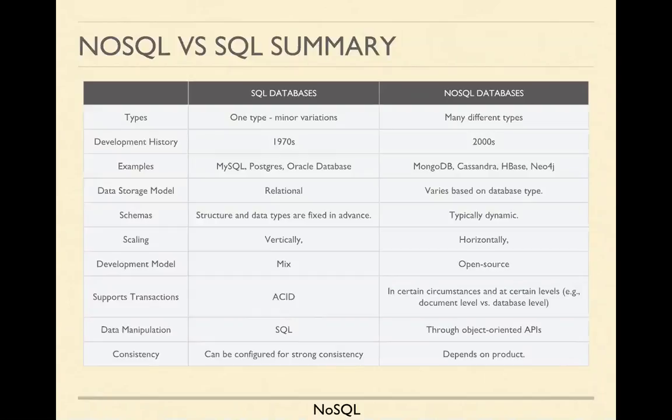But in the case of NoSQL, every database has a different API. The consistency can be configured, and most of the SQL databases have strong consistency. In NoSQL, it depends on the product.